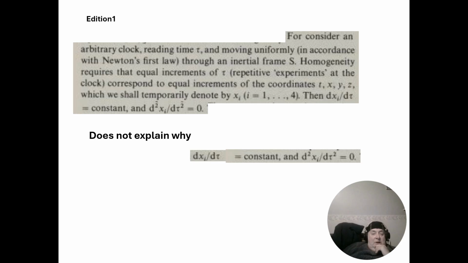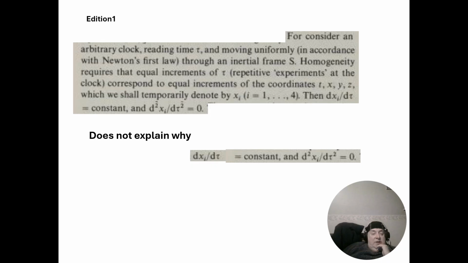Edition 1 of the book carries on and says, for consider an arbitrary clock reading, and that's time, tau, that letter is tau, and moving uniformly in accordance with Newton's first law through an inertial frame S. Homogeneity requires that equal increments of tau, repetitive experiments at the clock, correspond to equal increments of the coordinates t, x, y, z, which we shall temporarily denote by x subscript I, where I takes on the values 1, 2, 3, 4.